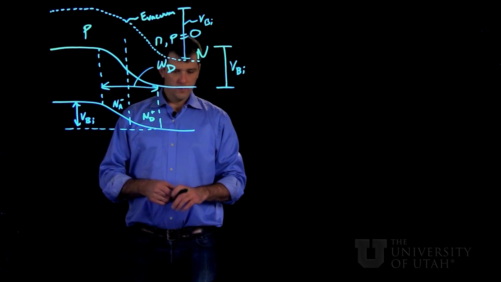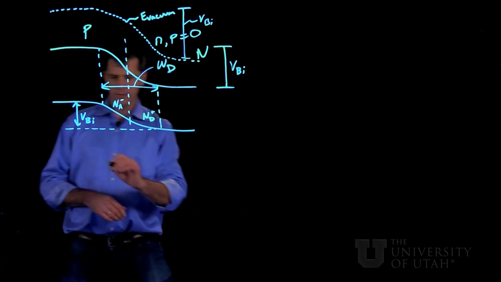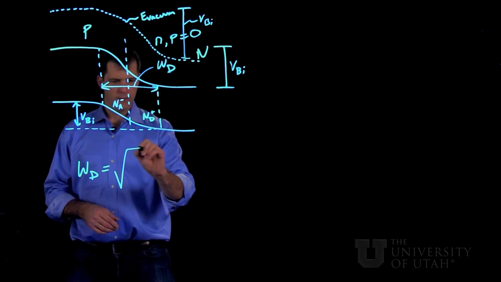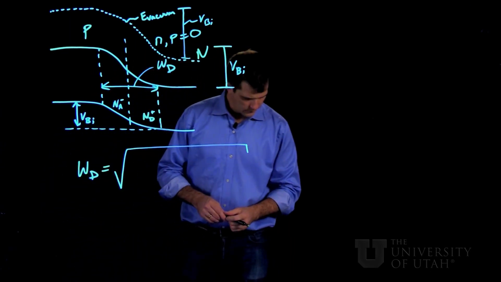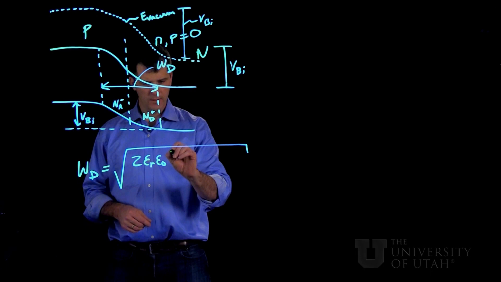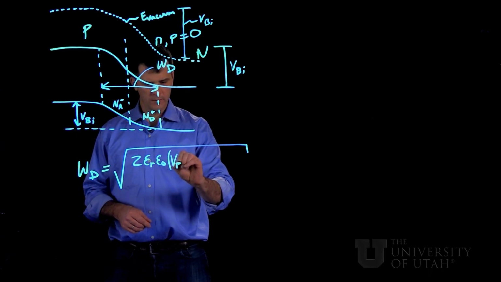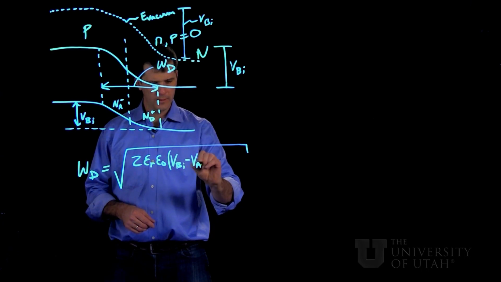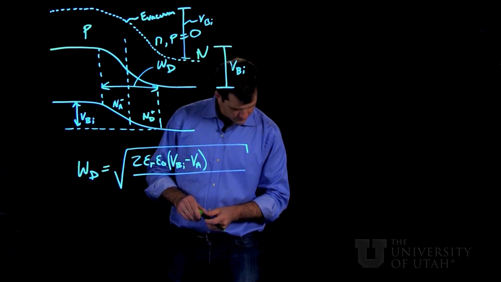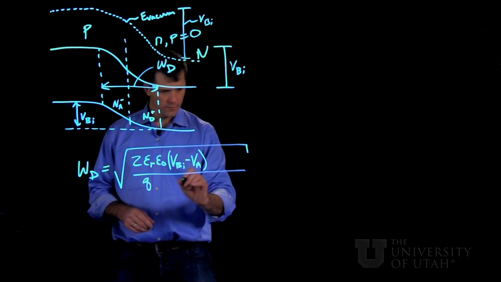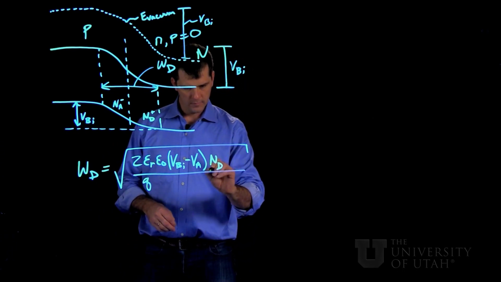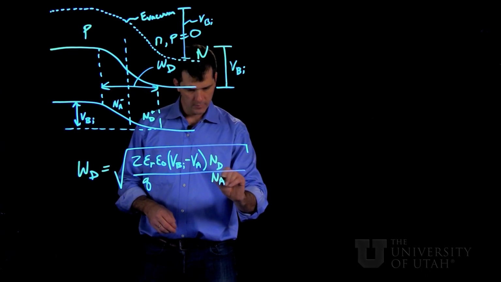Okay, so the expression for the total depletion width, after you go through and solve those three equations that we just laid out, is that the depletion width is the square root of 2 times epsilon relative, epsilon naught, times the quantity V built-in minus V applied, all of this over Q, and then ND over NA.